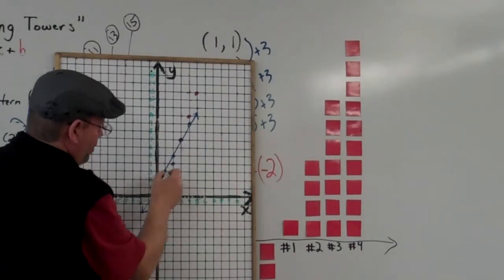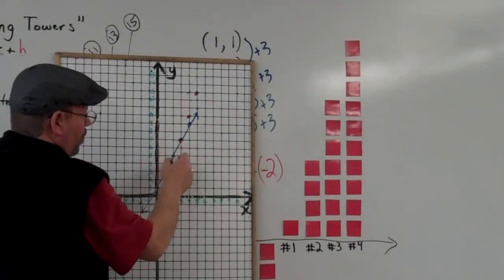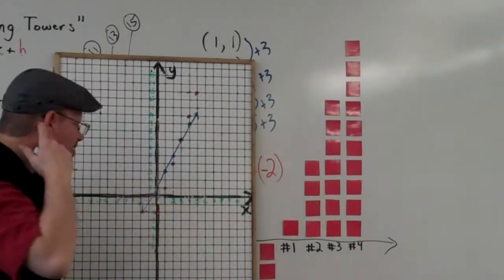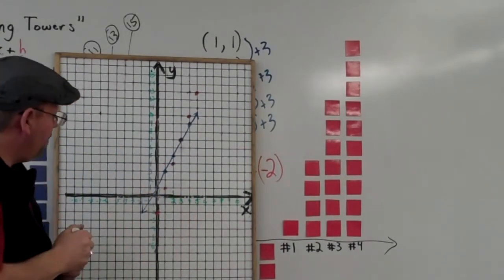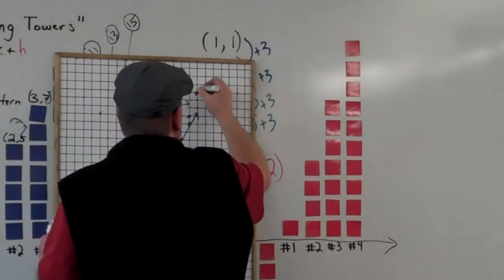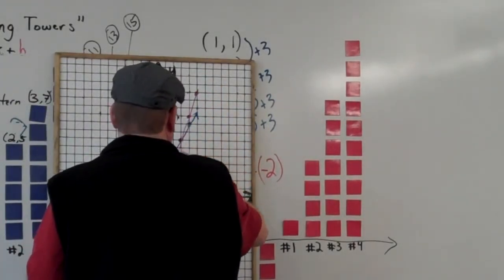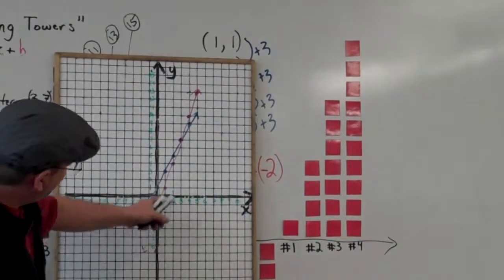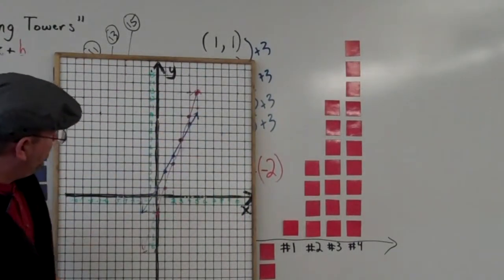Every time we go over 1, we're going up 3. Over 1, up 3. Over 1, up 3. Over 1, up 3. It's kind of like a stairway. We find that we can also graph this line, and I'll get out of the way momentarily. And we would have the graph of this line.